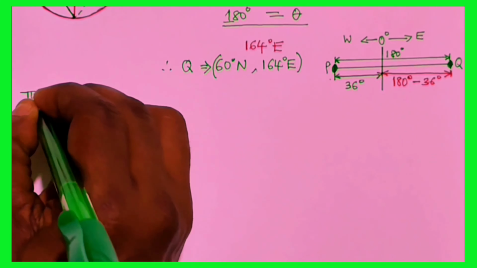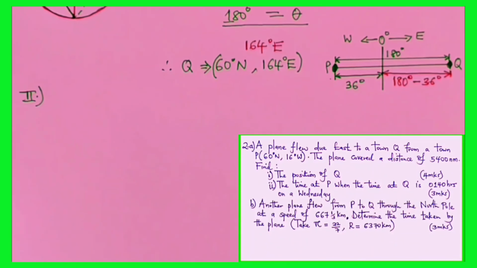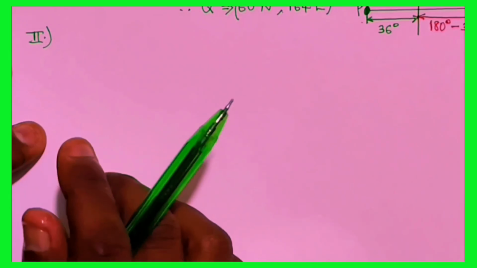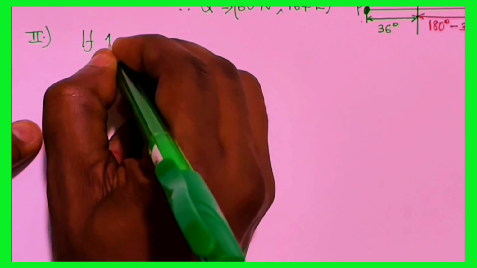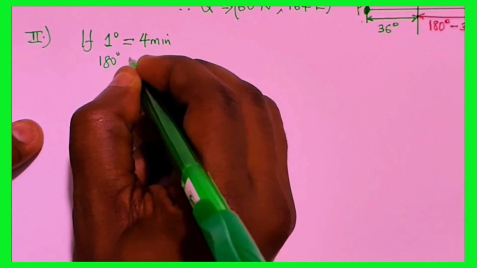In Roman 2, we are being asked to find the time at P when the time at Q is 0140 hours on a Wednesday. So let's find the difference in time between the longitude of town P and the longitude of town Q. We start by considering that if 1 degree is equal to 4 minutes, what about 180 degrees, how many minutes will it be equal to?